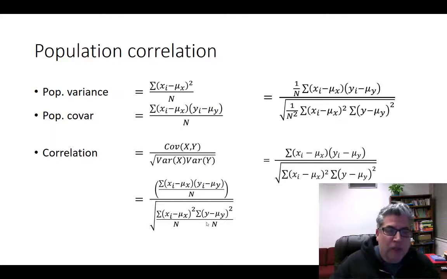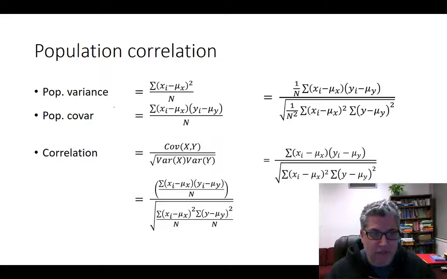So here, I've got the population formulas. I have the population variance, with my nice little mean of x divided by the total population size, and for covariance, I've got that formula. Now, we start off with the definition of correlation.